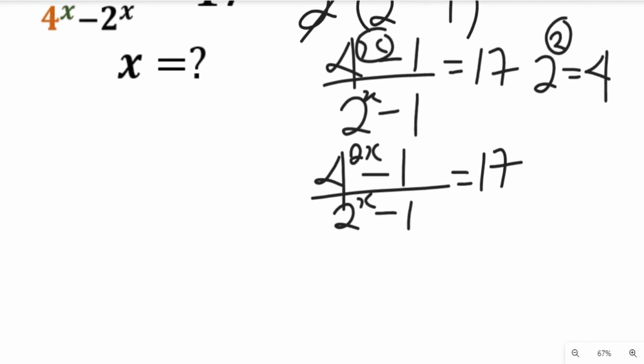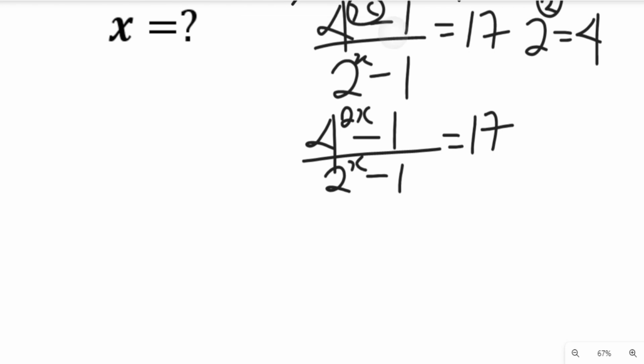We'll simplify this expression further. You should also note the simple logic that 2 to the power of 2x can be written as 2 to the power of x, all squared.